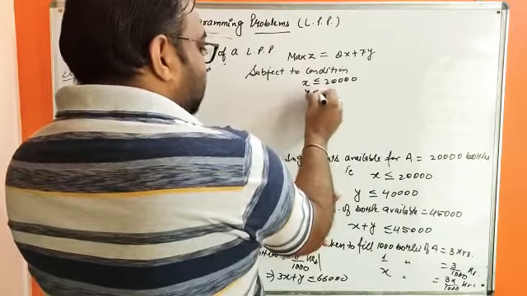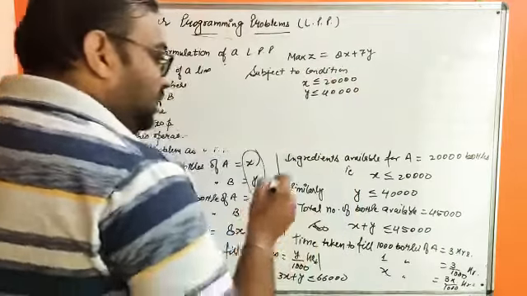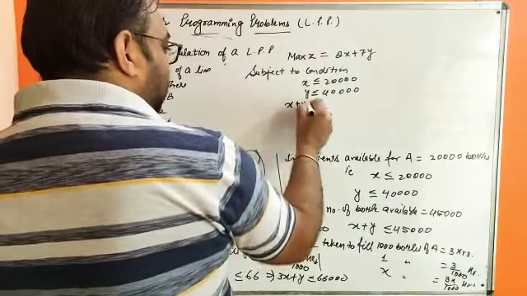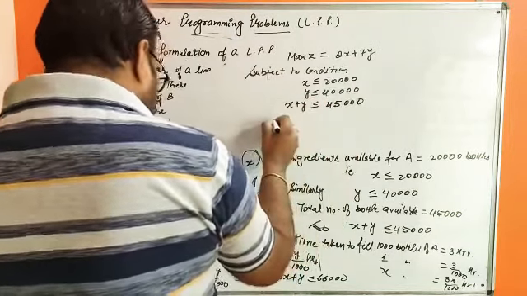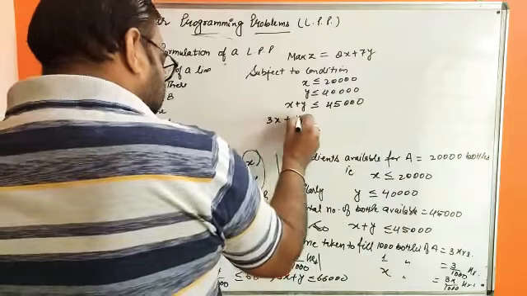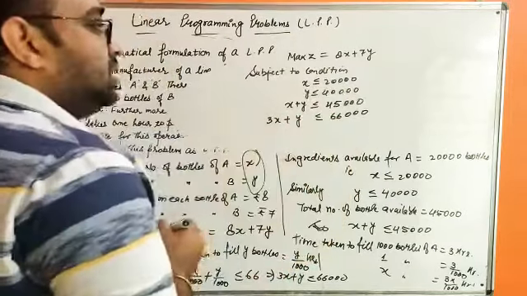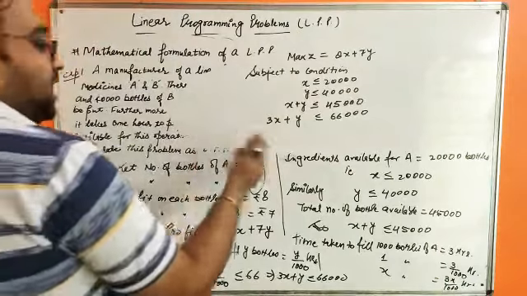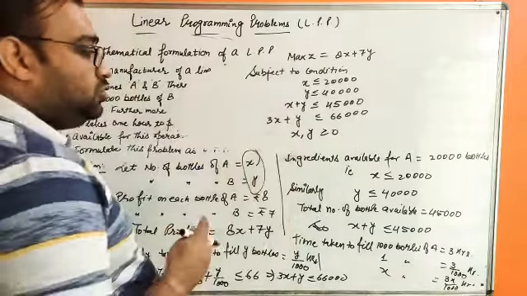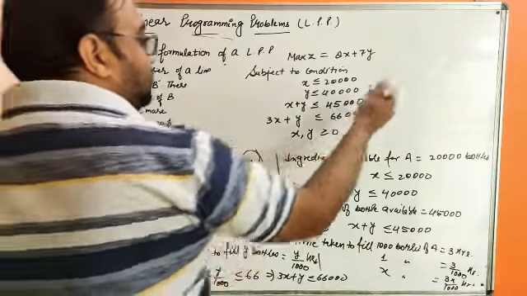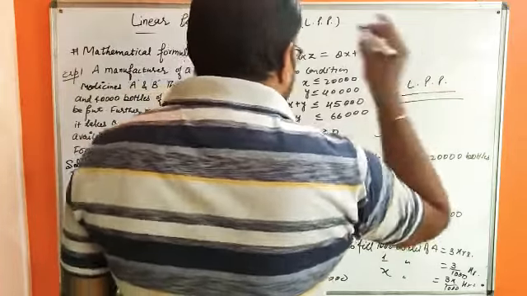Second, y less than or equal to 40,000. Third, x plus y less than or equal to 45,000, and the last one is 3x plus y less than or equal to 66,000. These are the subject to conditions, and the number of bottles cannot be less than 0, so x, y are greater than or equal to 0. So this is the complete LPP.